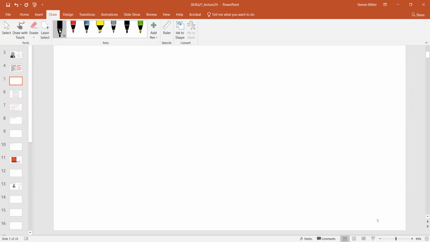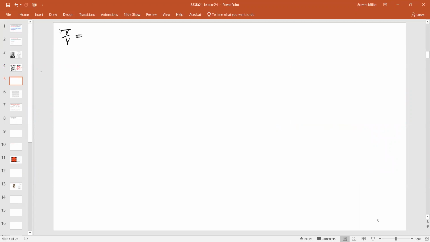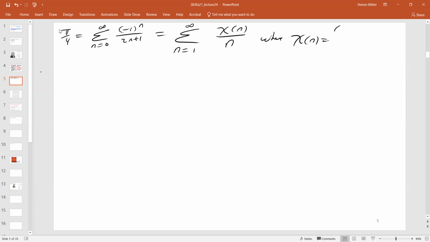We have pi over 4 is the sum, n goes from 0 to infinity, of -1 to the n over 2n plus 1. And this is the same as the sum, n goes from 1 to infinity of chi of n over n, where chi of n is equal to 1 if n is congruent to what?